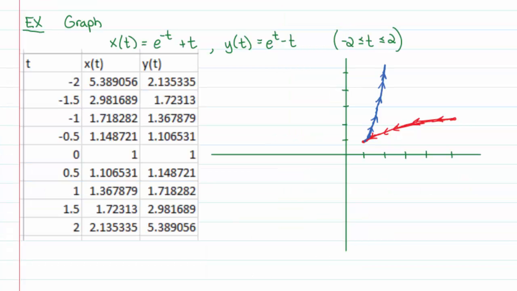Oh, and actually, before I step away from this, notice I did not do what I did with the previous problems. I didn't eliminate the parameter here, nor did I draw a graph of y of t equals e to the t minus t, and then x of t equals e to the negative t plus t.